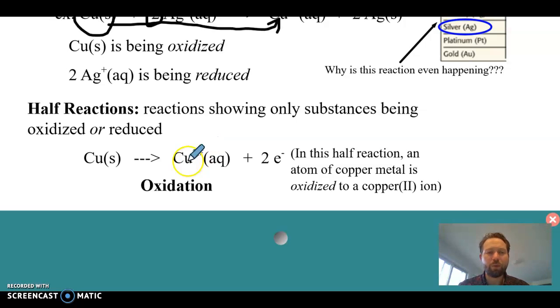We would show it going from solid to aqueous, and we'd have two electrons separating from this copper. So we have it as a plus and then another product.